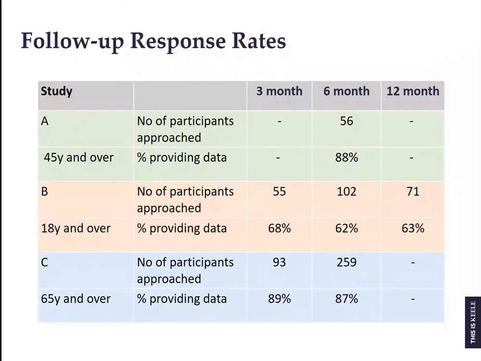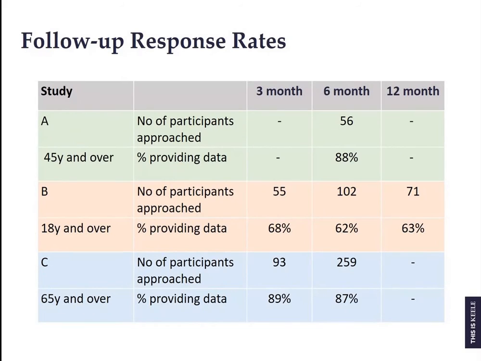So looking briefly at the response rates, this shows here this table. We've got study A, B and C, and you can see the age ranges of each of the studies. A was 45 and over, B 18 and over, and C 65 and over. So not all studies had the same follow-up time points, but you can see that we've got 3, 6 and 12 months indicated here.